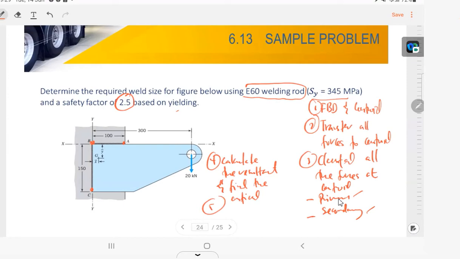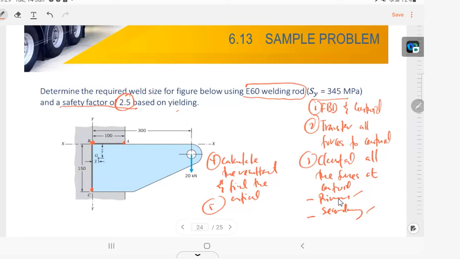Number 5, then you use all the safety factor, which is 2.5 based on yielding. Okay.